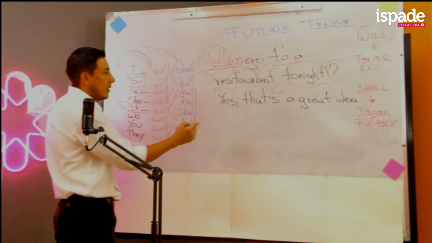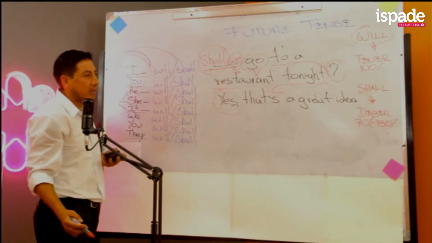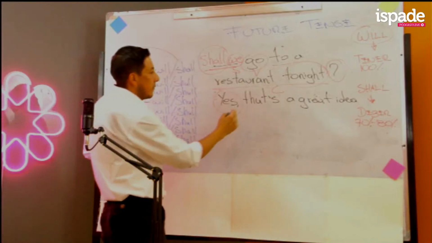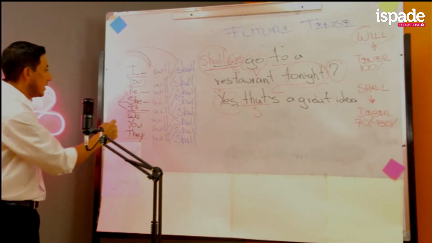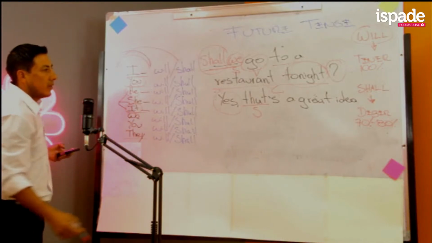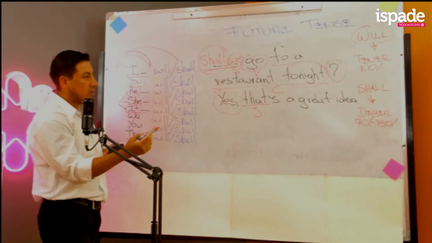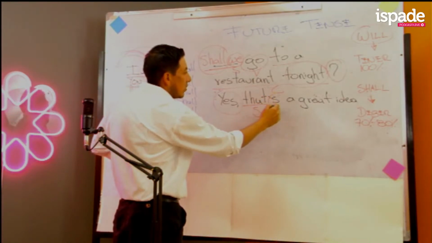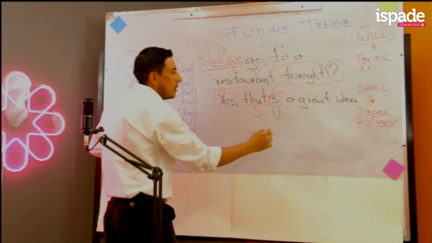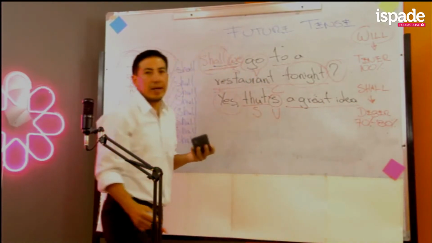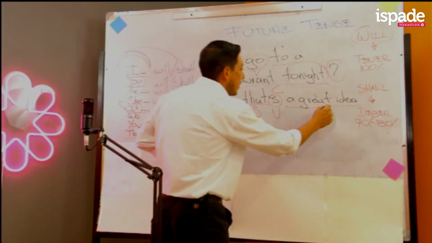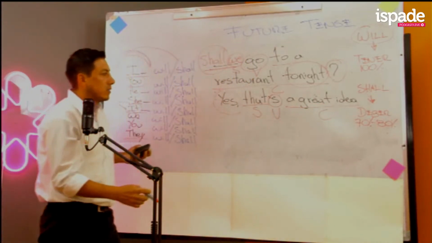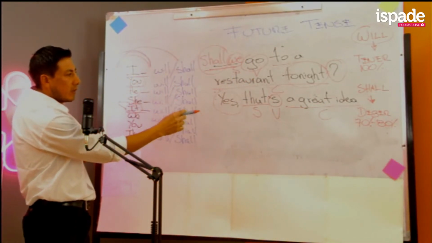So we say yes, an affirmation that is the subject, which can be represented with it, is with the contraction. Here we got is with the contraction, which is the verb. And also a great idea, which is the complement.